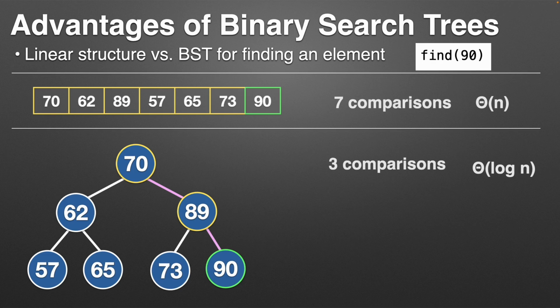But it's kind of a contrived example, because the order in which these elements were put into the data structure matters quite a bit here. So for these two structures, this is the worst case. But for the more general concept of these structures, this is not the worst case tree that could exist.